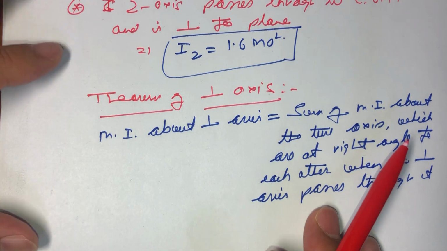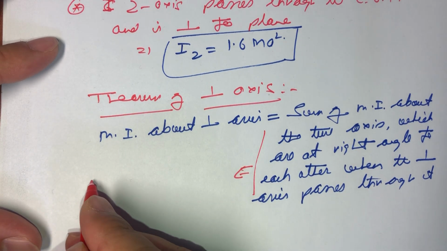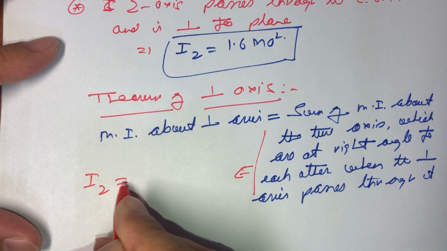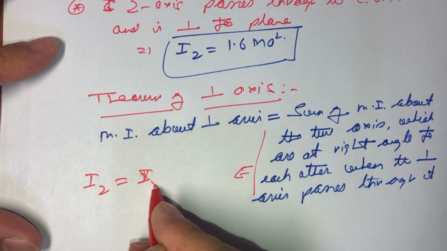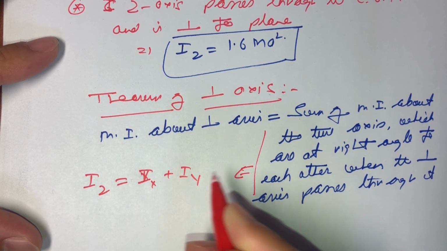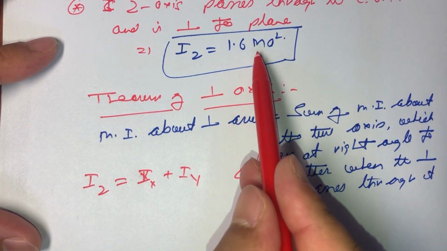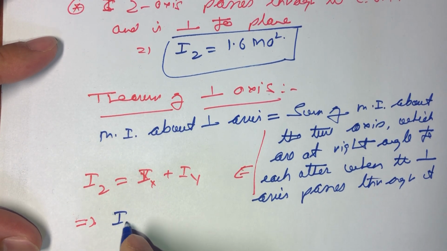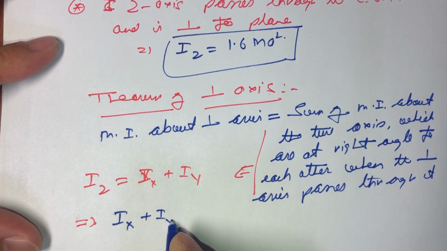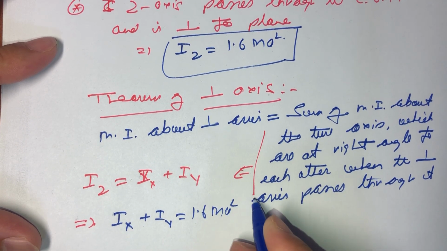Therefore Iz is equal to Ix plus Iy, and we already know Iz is 1.6 ma square. So Ix plus Iy is equal to 1.6 ma square.